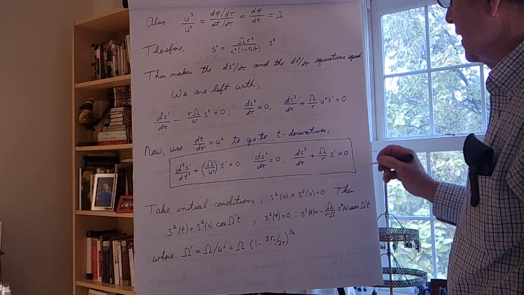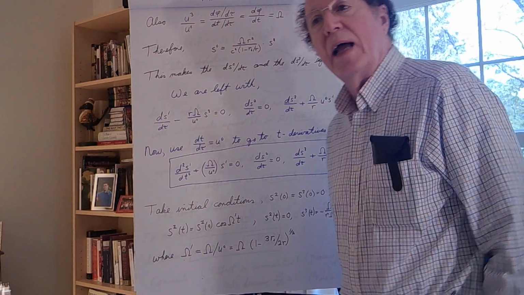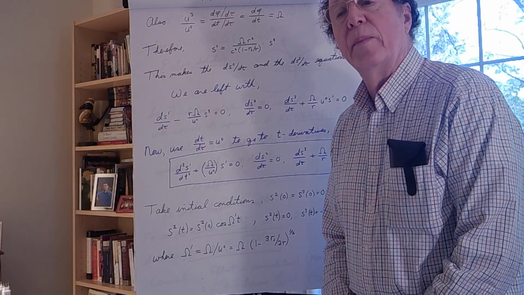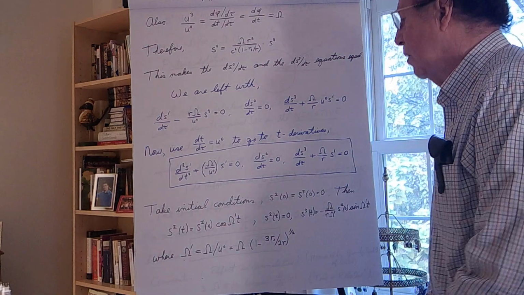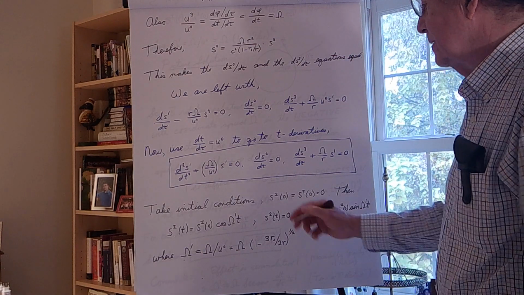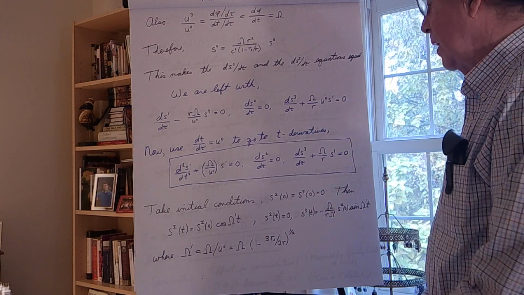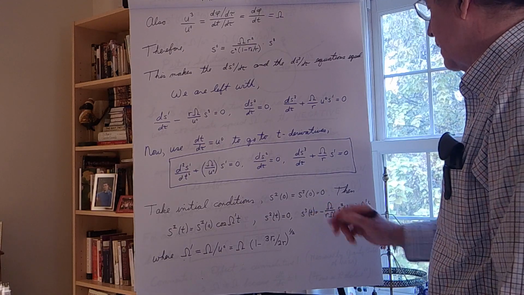So I'll start with initial conditions that suit me. I'll take a spin which initially only has an S1 component. S1 was meant radial, so I start with a spin pointing radially. Then I see how the projection of the spin in the radial direction develops. It goes like cosine omega prime t.